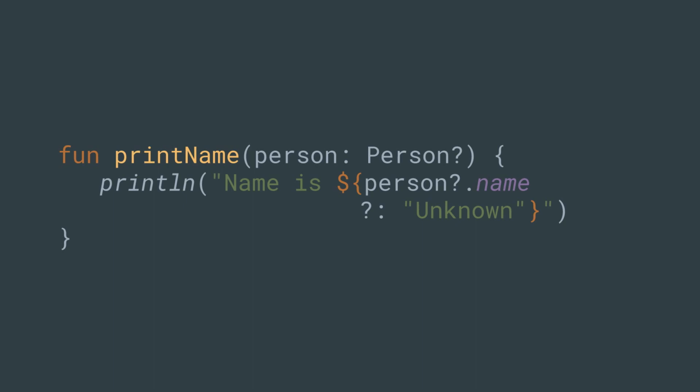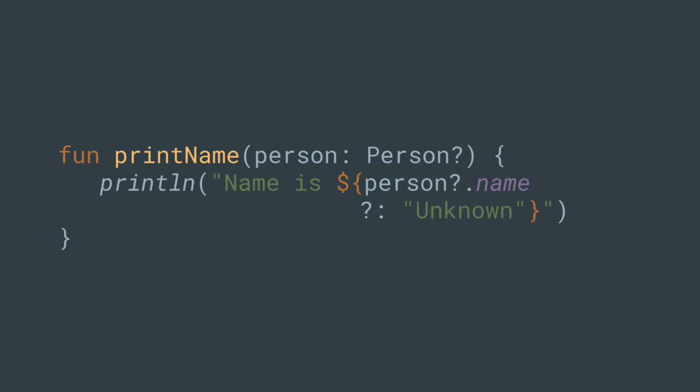And what it does is that it gives you either, in this case, we're combining the safe navigation with Elvis. What this gives you is that if person is null, the person safe navigation name will return null. So the Elvis operator will say, instead of null, I'm just going to give unknown.